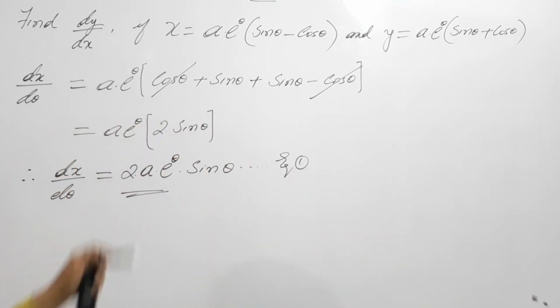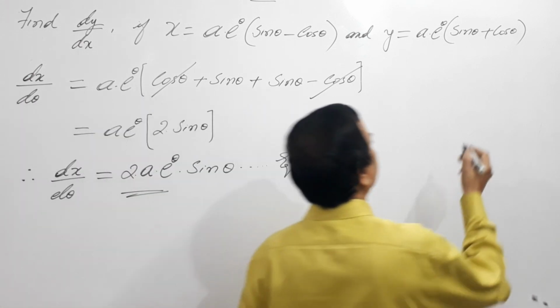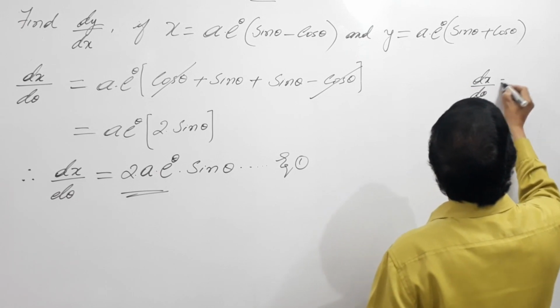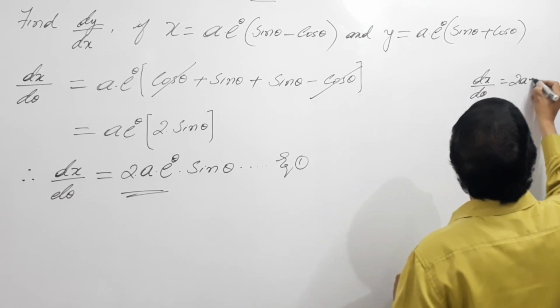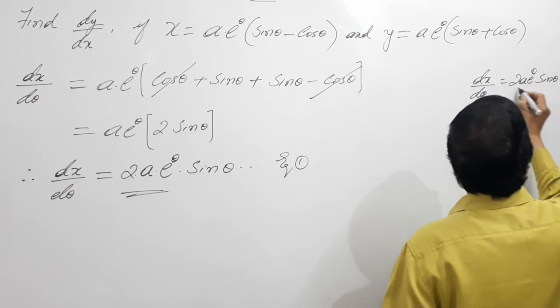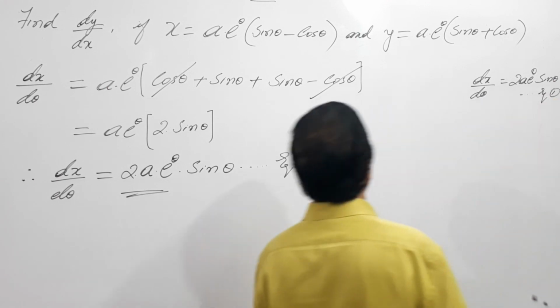So dear students, I will make a note here. dx by d theta will be 2a e to the power of theta into sin theta. So this is our equation 1.